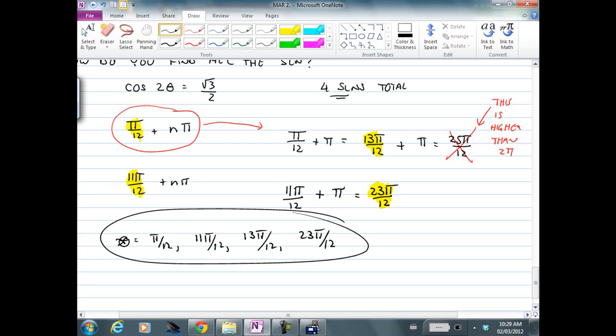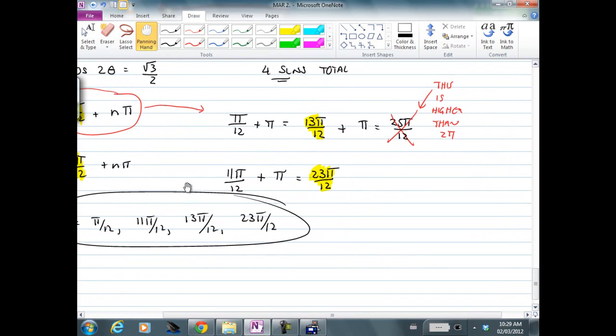Hey, question? Good question. The question is, how do you know what's greater than 2 pi? The key is this. If I'm working in 12s, here's a trick, your max is going to be 24 pi by 12.